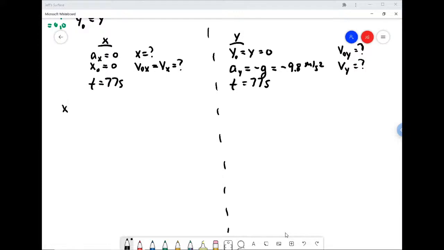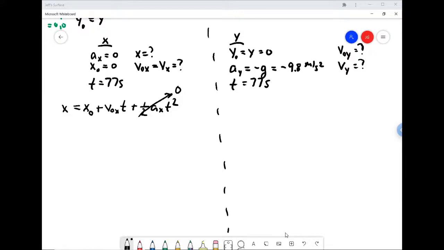So over here, one of my kinematic equations of motion is x equals x naught plus v naught x times t plus 1/2 a_x t squared. And this kinematic equation for the x part of this problem simplifies a great deal, because that whole term is 0, since the acceleration is 0.